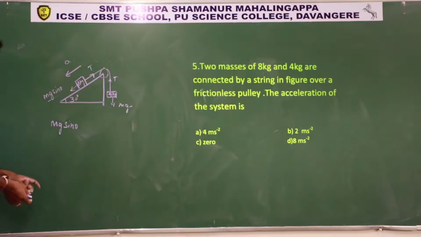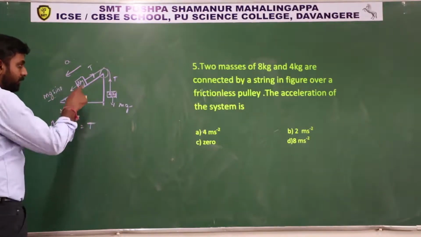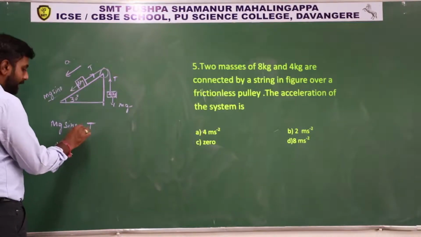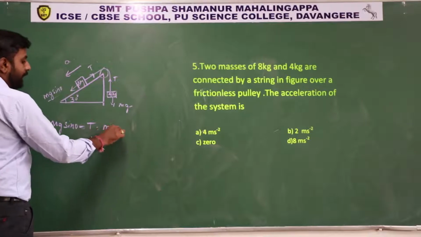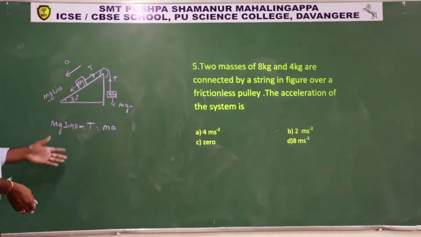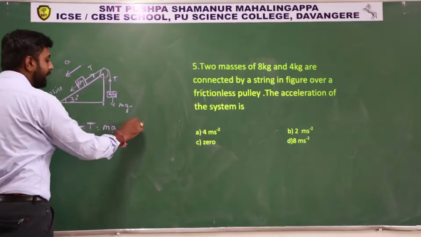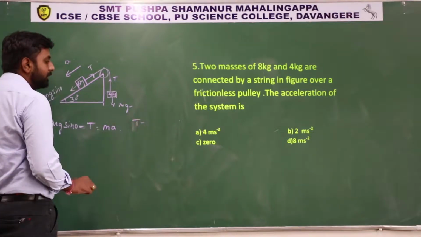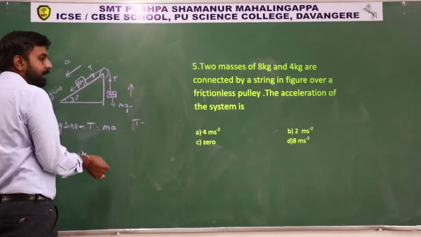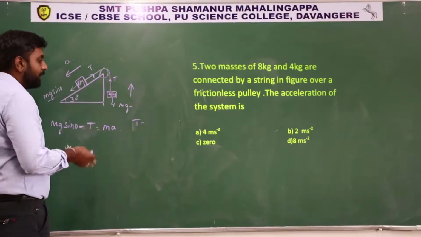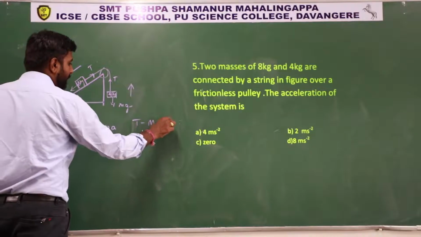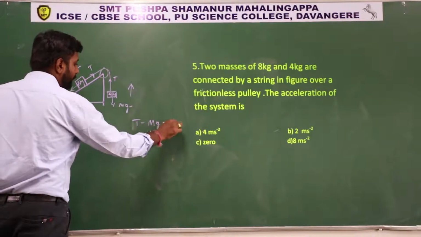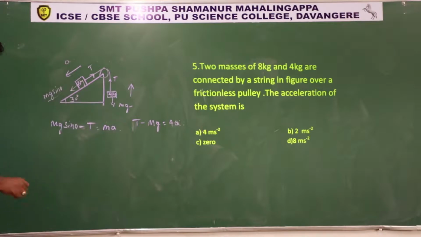You write the free body diagram separately. Mg sin theta minus T is equal to m into a, according to Newton's second law. Then the block is accelerating like this, so T minus mg is equal to 4a.